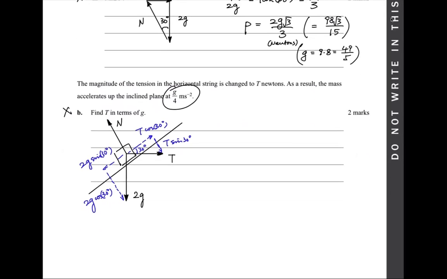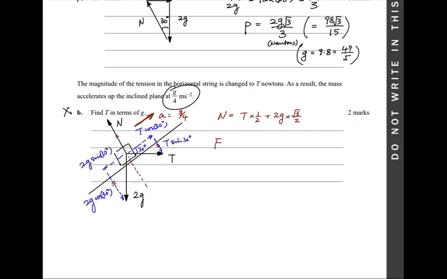And now, the perpendicular part, if we combine the two blue parts, should equal N. N equals T times half plus 2g times root 3 over 2. But that doesn't matter because we are looking at the acceleration direction. The acceleration is up the plane, a equals g over 4.